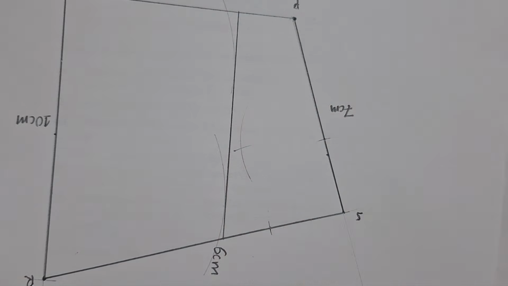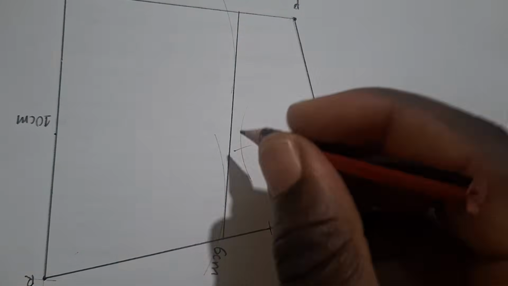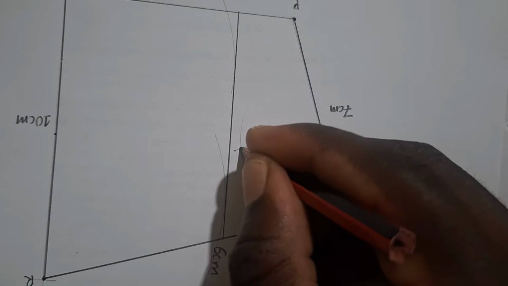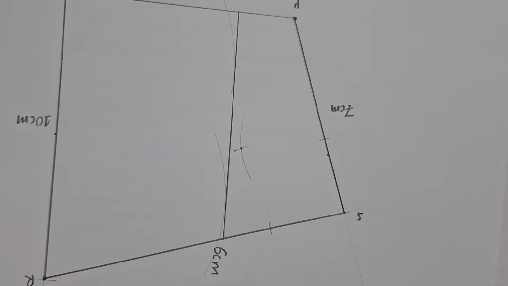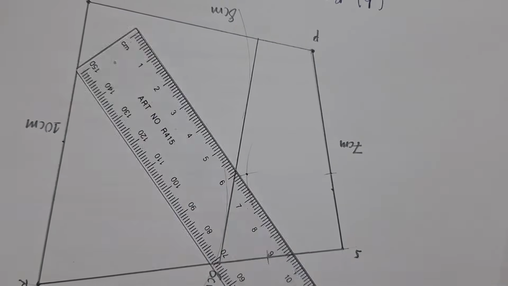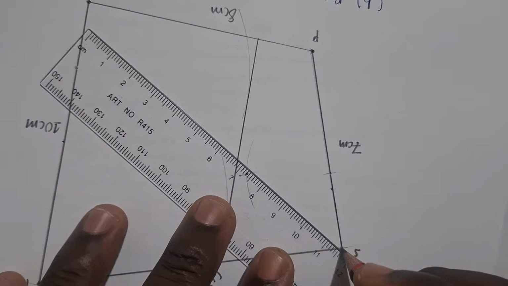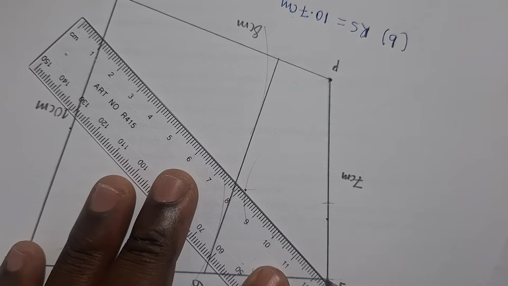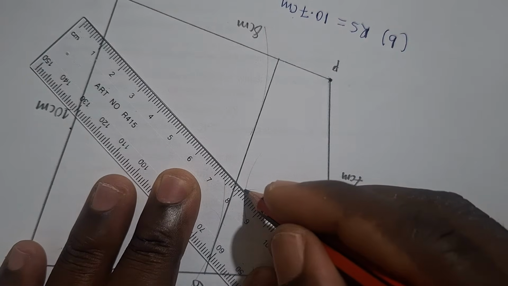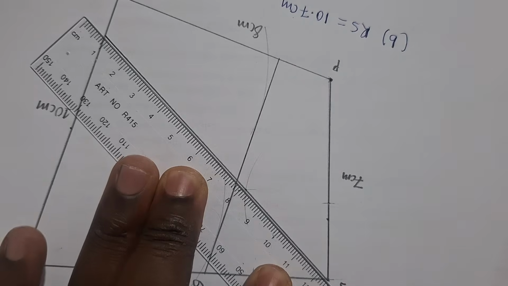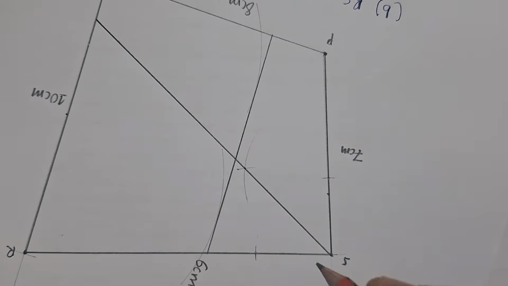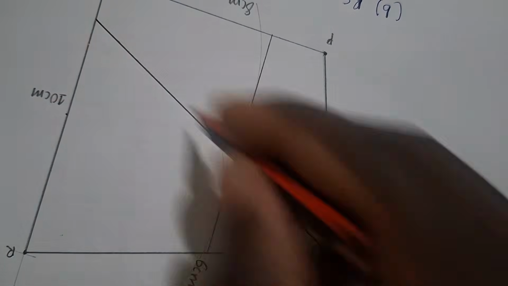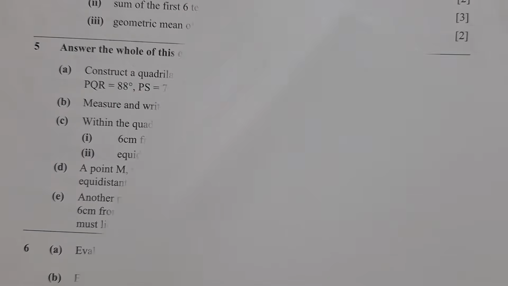So we needed this intersecting point. This is what we are looking for here. Okay? So when you find that intersecting point, you now join these 2 points. You form a line passing through the 2 points, this one and this one, but it should be all the way inside the quadrilateral. So this is the equidistant line. We go to the next question.